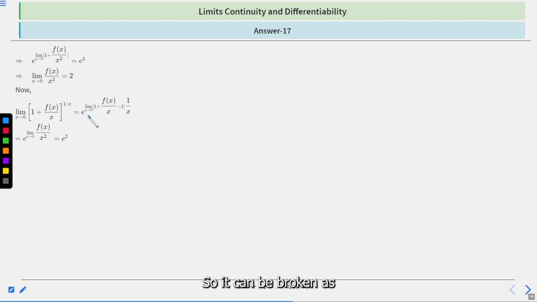Clear? So it can be broken as e to the power limit x tending to 0, (1 plus f(x) upon x) minus 1, to the power g(x), which is 1 by x. Clear? 1 by x.